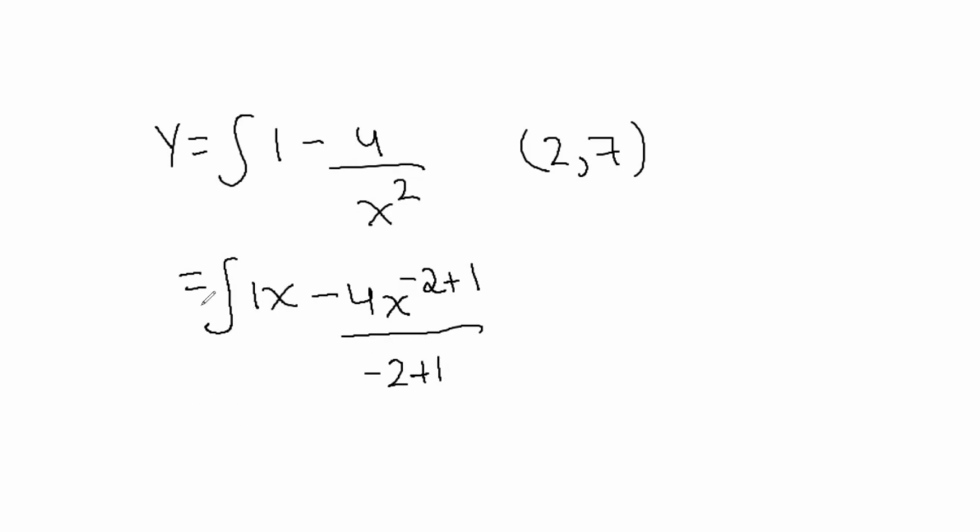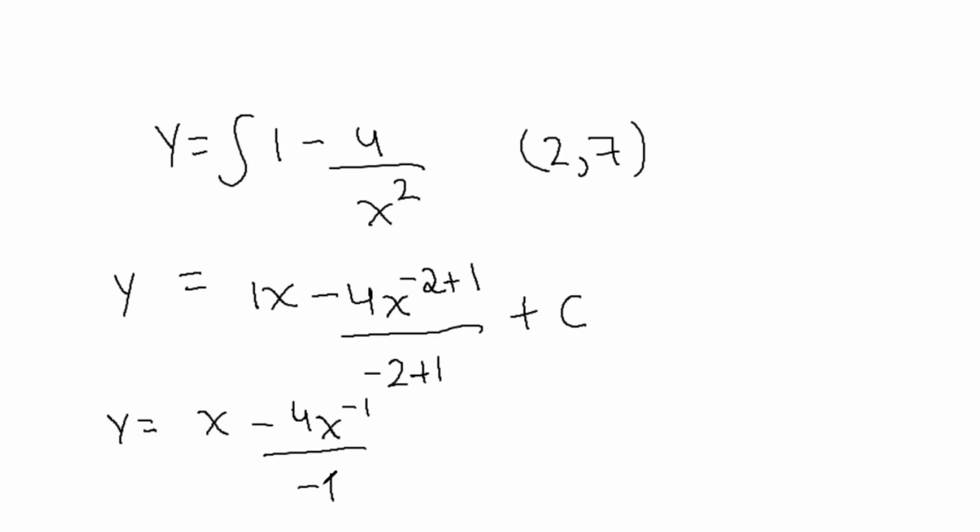Sorry, the integration sign is not supposed to be here. And now we have to add a constant plus c at the end. So y is equal to x minus 4x to the power of minus 1 divided by minus 1.